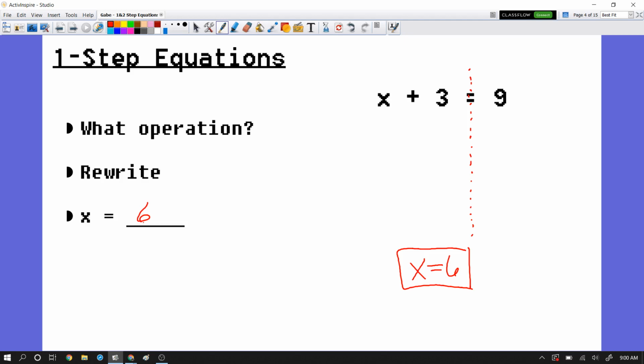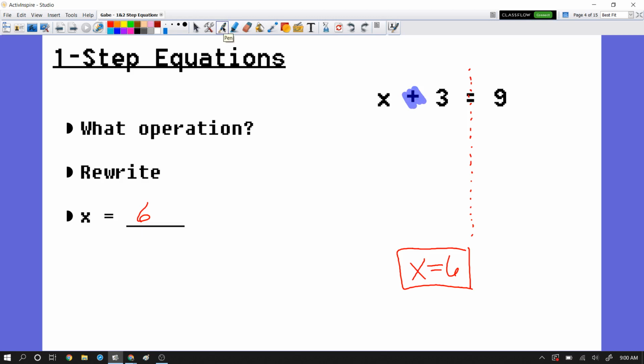So these are the questions I ask myself, and these are the questions I ask every single student whenever we're solving any equation. What operation do you see? Okay, well, I see addition. And it's important to understand the nuances in deciphering what operation is in a problem.